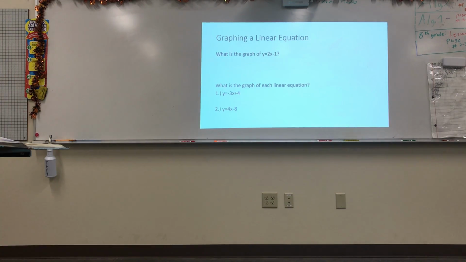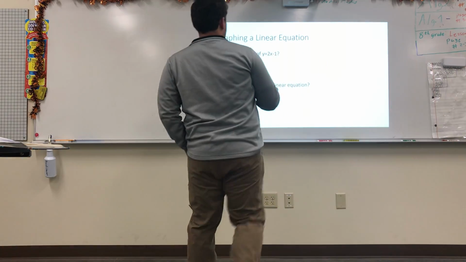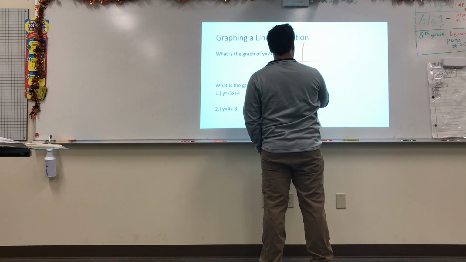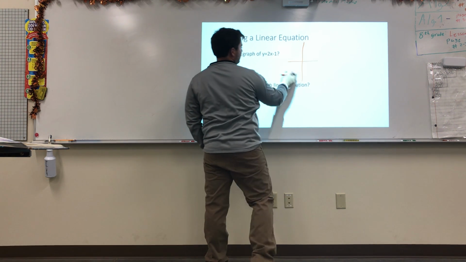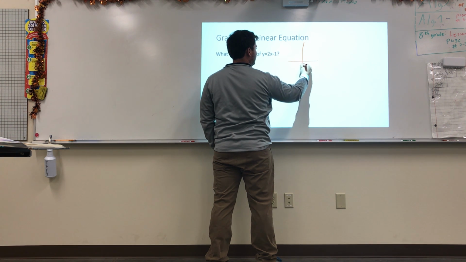Okay. What is the graph of y equals 2x minus 1? What is the graph of each linear inequality? Okay. So, if I had to do a graph right here, my y-intercept is where it crosses my y-axis, so I'm going to go at -1 here, and I'm going to put a dot.